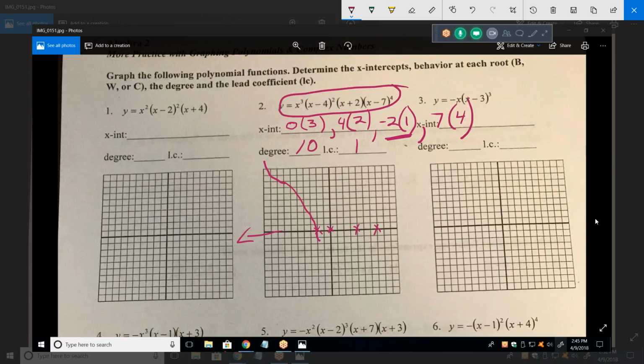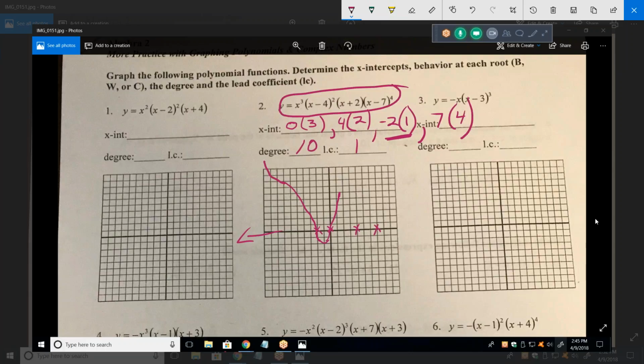Now, what's the multiplicity at 0? 3. Does that go through the x-axis or bounce? Bounce. No, if it's odd, it goes through. If it's even, it bounces. It's real straightforward. Only two choices. That's odd. So it goes through.